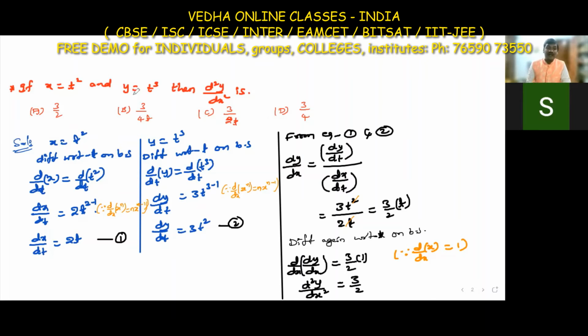Here x is given in terms of t and y is also given in terms of t. Sometimes x is given in terms of theta and y also in terms of theta. So theta or t, these are parameters. That's why this differentiation is also called parametric differentiation.